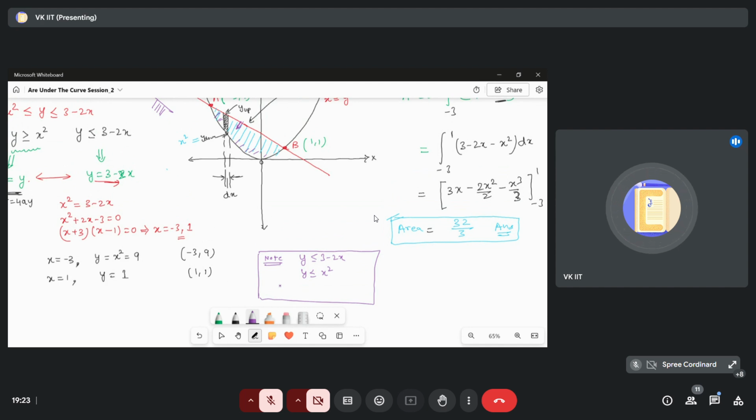So can you tell me which area we will be taking? Anyone? You can unmute also if you want.